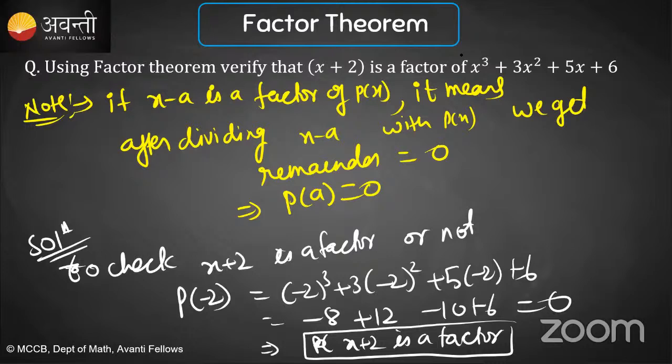And then from the remainder theorem we can extend that to the factor theorem. If the remainder is 0, then you will say that it is a factor, otherwise it is not a factor. Is it clear?